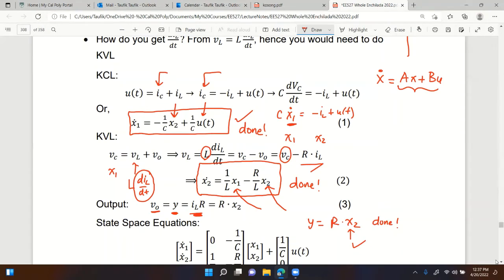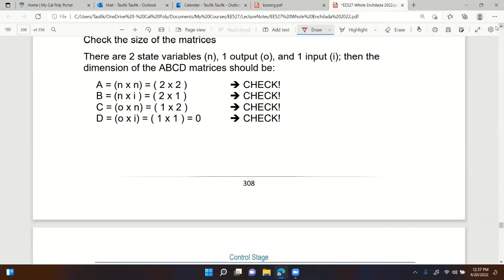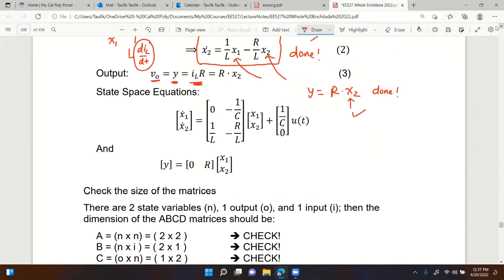So to summarize, you have three equations. Now you can put them into a matrix equation, right? I've already transformed those into matrix equations, but if I write the equations first, x1 dot is equal to minus 1 over C x2 plus 1 over C u of t, right?